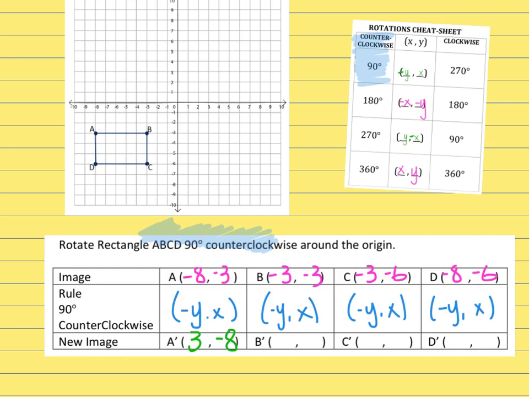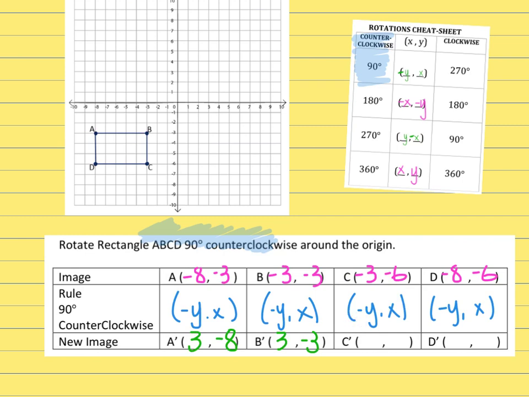So now I'm going to do the same thing with all the numbers. -3 was the Y. It's going to come to the front and be the opposite. Now it's going to be +3. And then the X value was -3. It's going to switch to the back and be the same as it was originally. Point C, -6 is the Y coming to the front, changed to be the opposite.